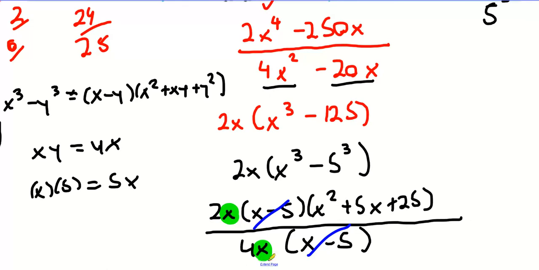What about the x on the bottom? The 2 down can cancel. They're gone. And what about the 2 on the 4? Into a half. So it's x squared plus 5x plus 25 divided by 2, just 2, isn't it? Just 2 on the bottom. My bad. That's your answer.